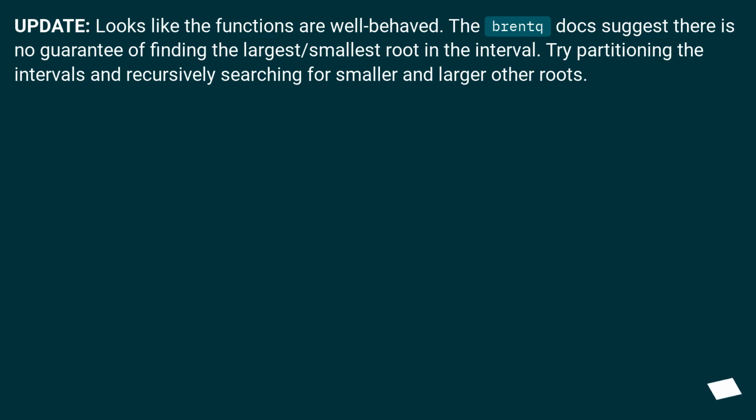Update: looks like the functions are well behaved. The brentq doc suggests there is no guarantee of finding the largest or smallest root in the interval. Try partitioning the intervals and recursively searching for smaller and larger other roots.